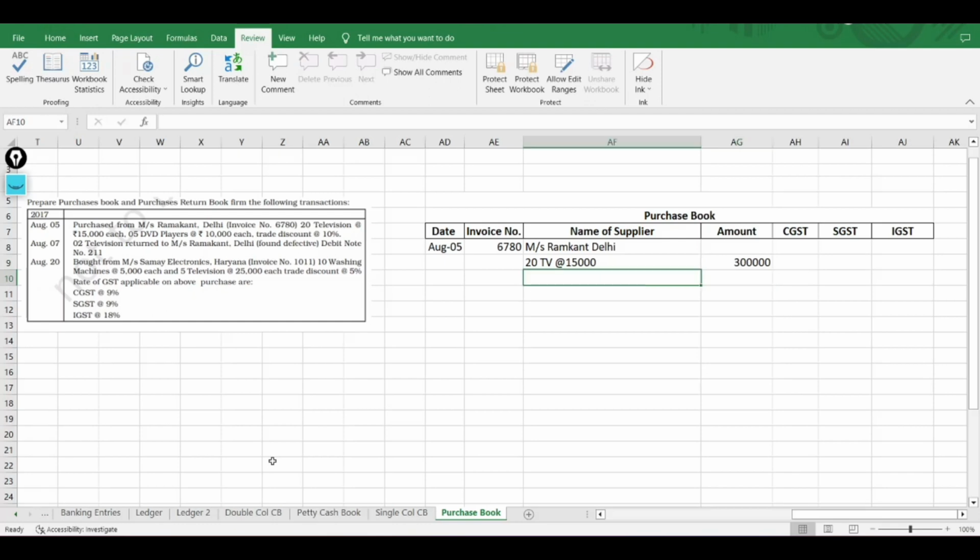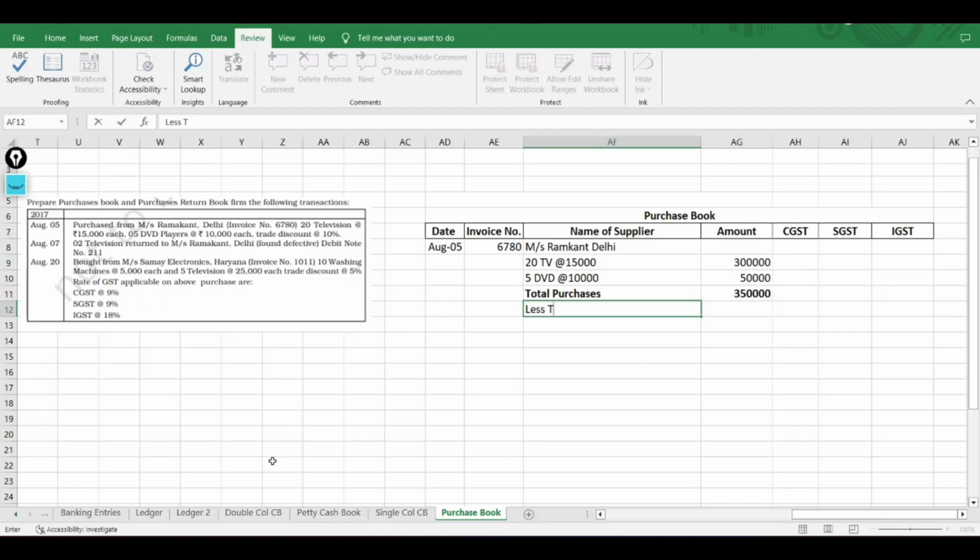3 lakh rupees is the amount of our TVs, and 5 DVDs at 10,000 each. So 5 into 10,000, 50,000. So we have purchased only TV and DVD. So total purchases here is 3,50,000. Now here trade discount is allowed.